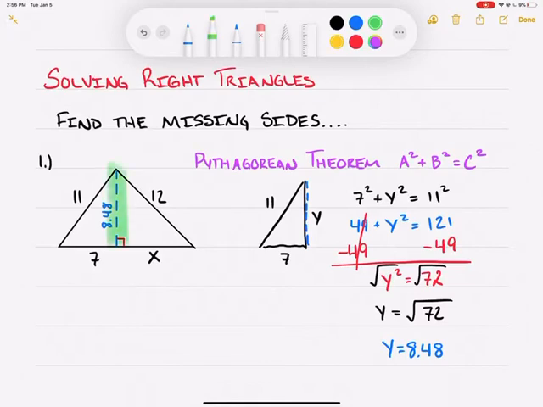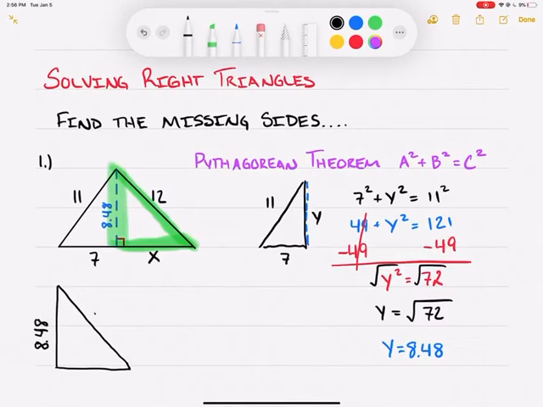So what I can do is take this triangle and draw it down here, which I'm going to do. Okay, so we have 8.48, 12, and x. So again, Pythagorean Theorem.